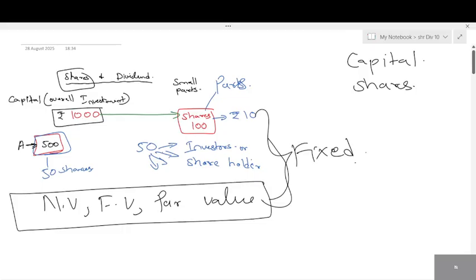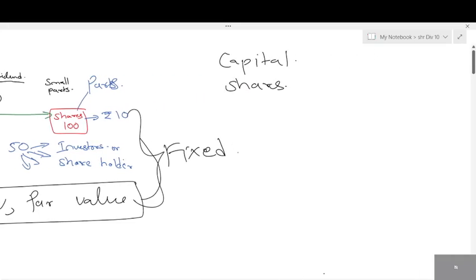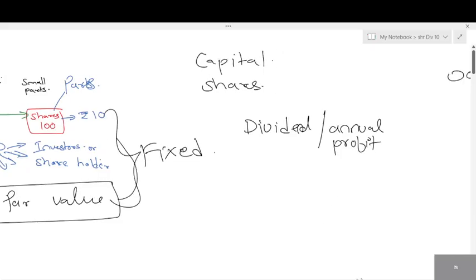Okay, now you got the investment, everything is done. The company is running well. If it's running well, you will definitely have a profit. That profit you call dividend. Dividend is the annual profit. Sometimes they will mention the word dividend or annual profit. It is calculated on a yearly basis, not monthly.